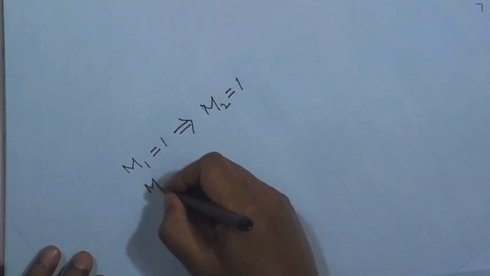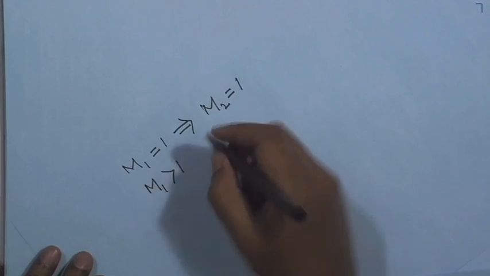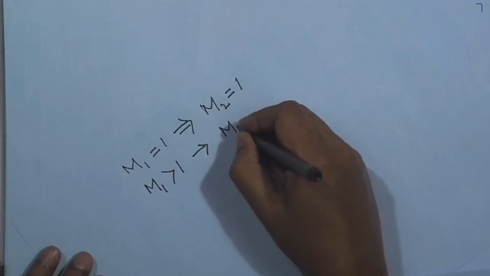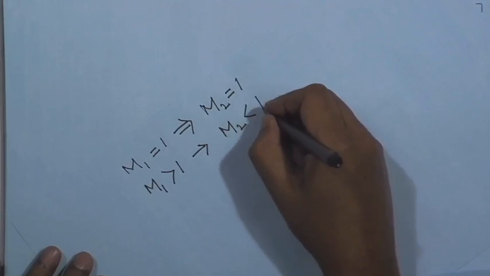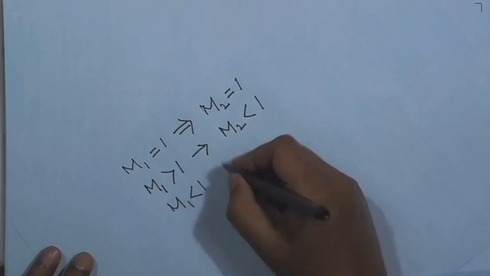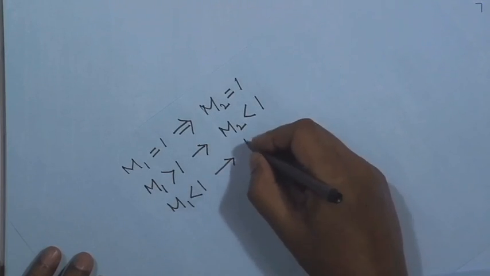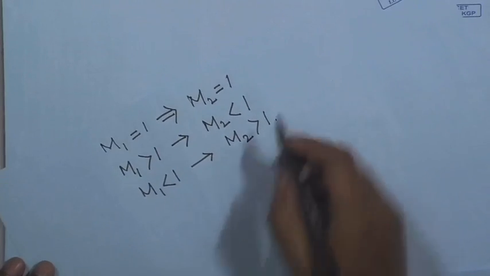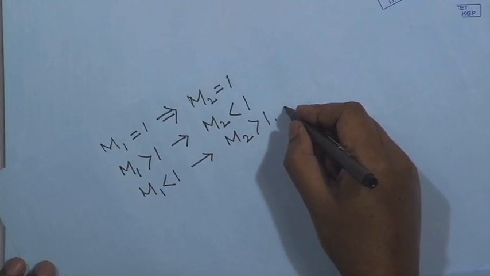If M1 is greater than 1, then M2 is less than 1, and similarly if M1 is less than 1, M2 is greater than 1, which, of course, we will see later will not be possible.